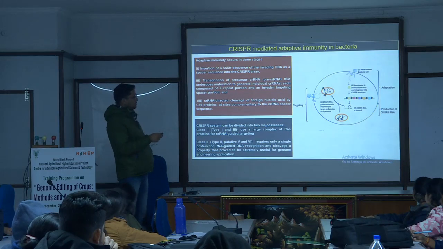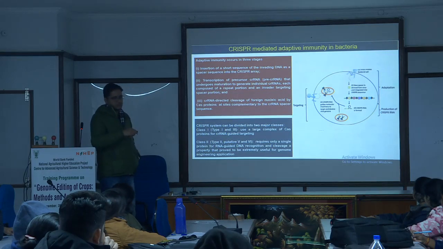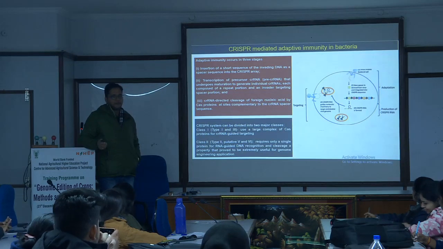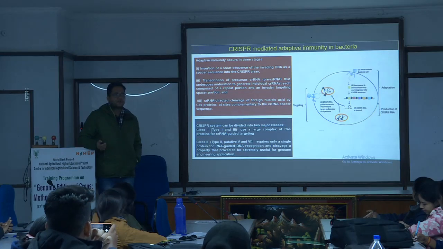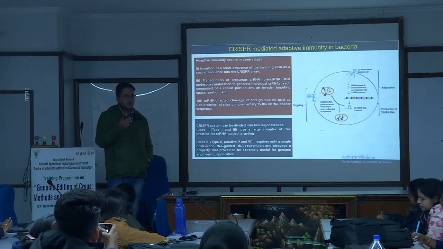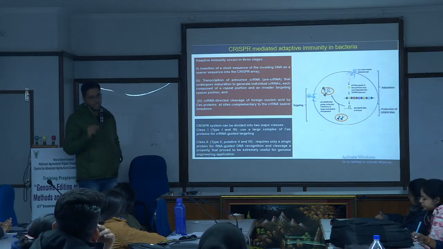On the basis of this is how the whole system works, and the CRISPR system has been categorized into 2 different types. Broadly, although it is still a dubious classification, you can classify the CRISPR system into class 1 and class 2 type. Class 1 systems require multiple factors for editing, apart from Cas9.